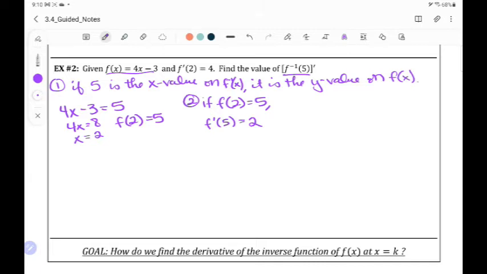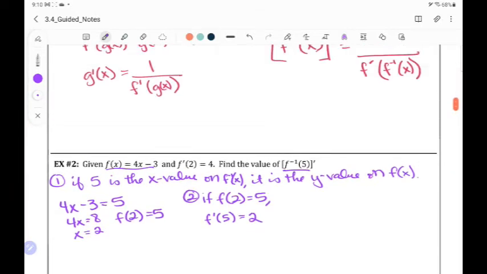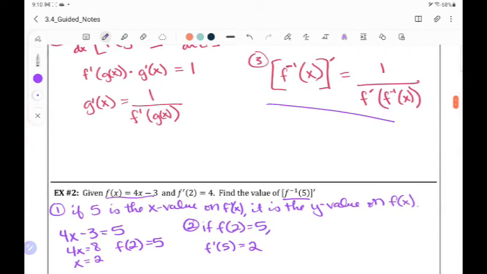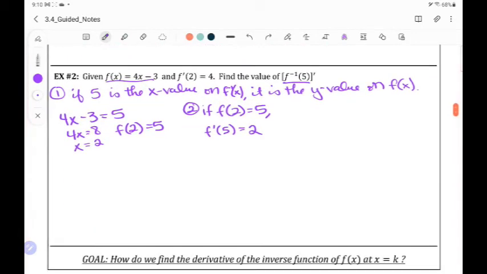What about, we want to know the derivative. Now remember this formula that we just found right up here. Okay, let's write that out. F inverse, this is going to be number 3, yep. F inverse of 5 prime is going to equal 1 over f prime of f inverse of 5.